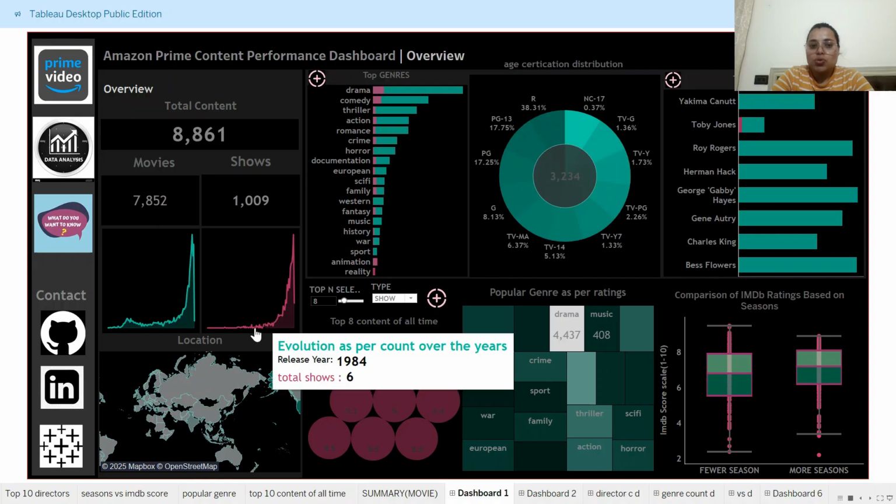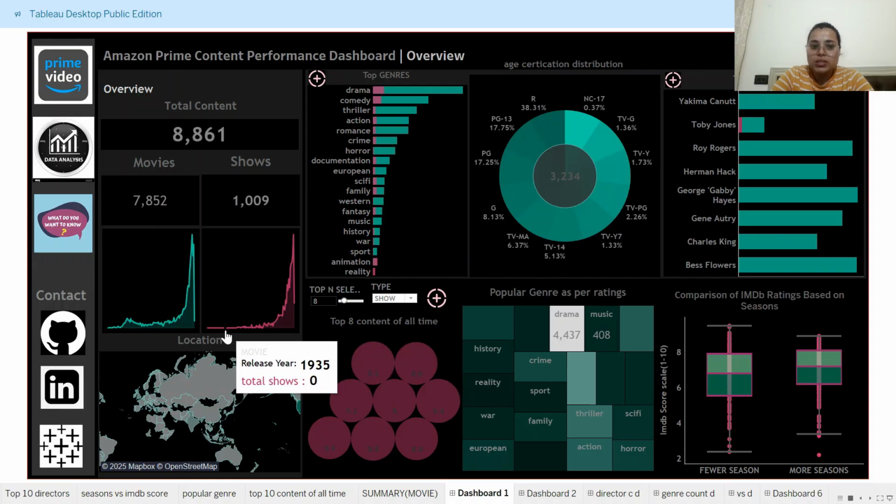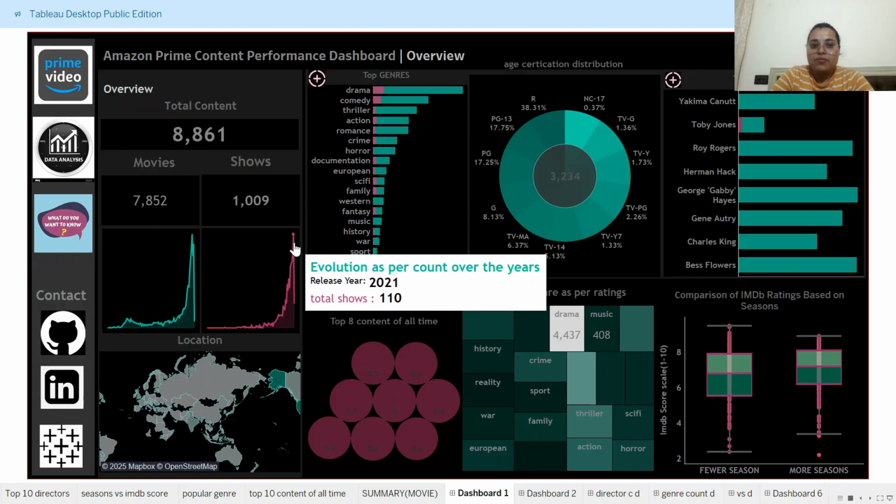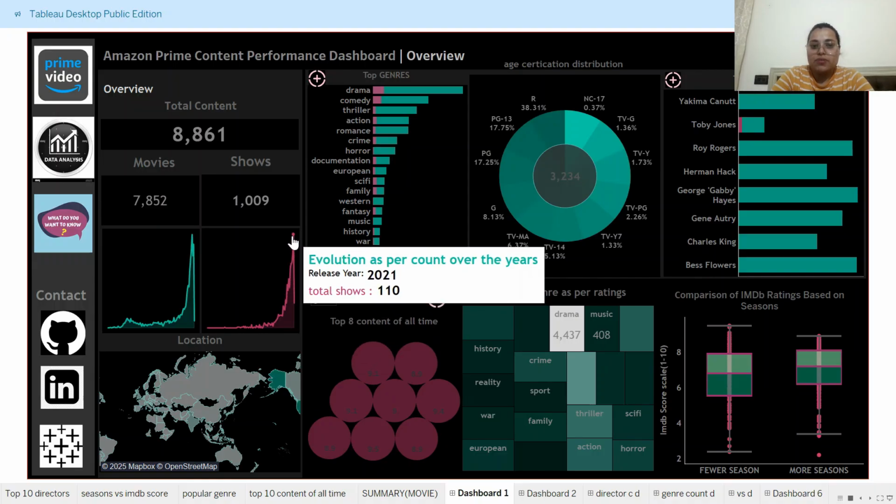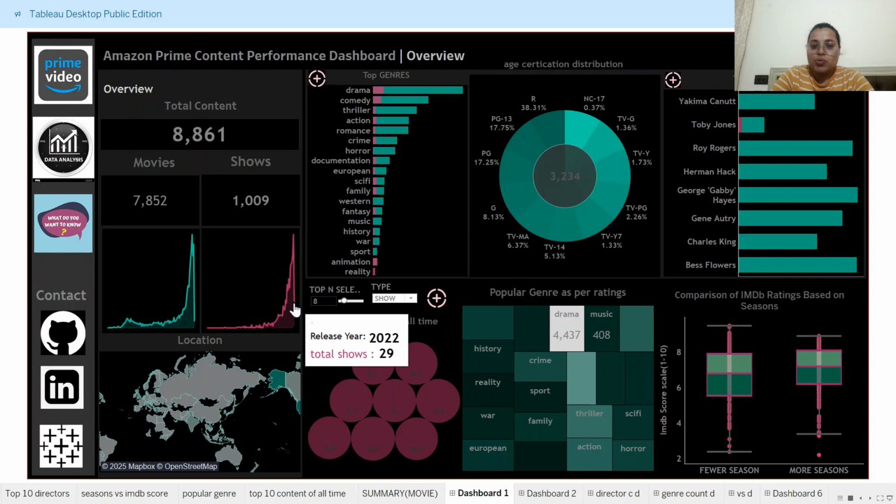The same goes for the shows. We can see that shows are growing over time, and in 2021 a total of 110 shows were available on Amazon Prime, and then there is a decline for 2022, where the total shows available are 29.